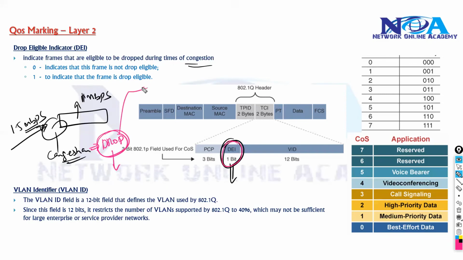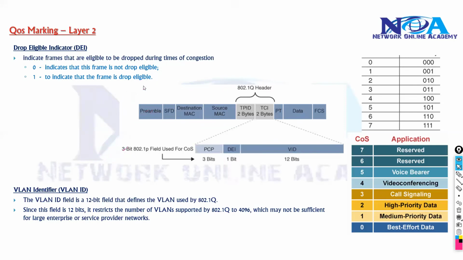Any packet carrying 0 in the discard eligibility bit is not eligible to drop, whereas if it is carried with 1, it is eligible to drop. You can decide the eligibility of the packets getting dropped or not based on this field. But in general, we normally don't use this at L2, but this field is something specifically for that.